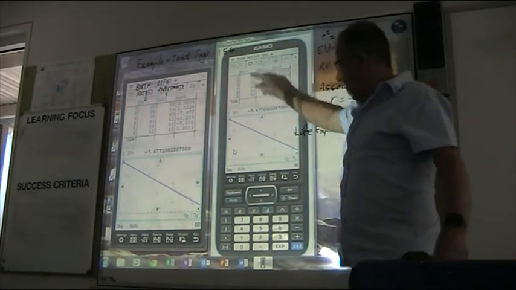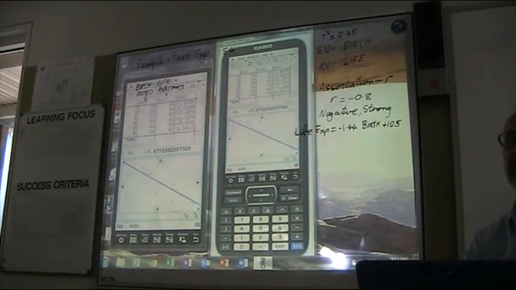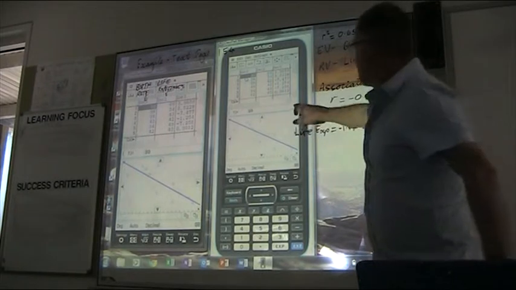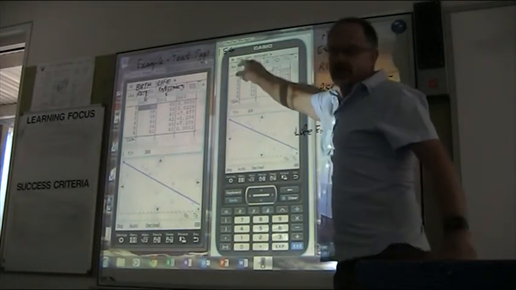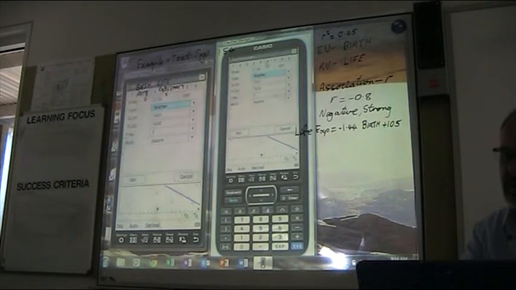So this menu relates to this screen, the one that's active, and then when I change that and go back up to the lists, now this screen's active and this now changes. So what do we want to do? We want to draw a scatter plot. This time of the residuals. So list 1, yes, that stays the same.